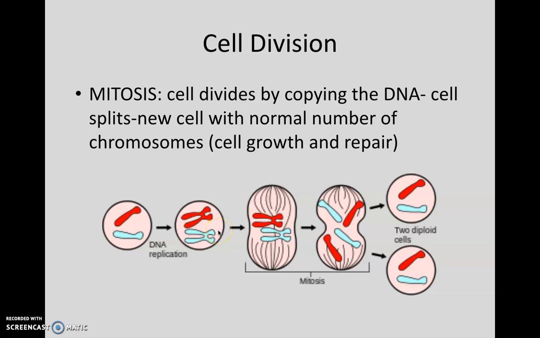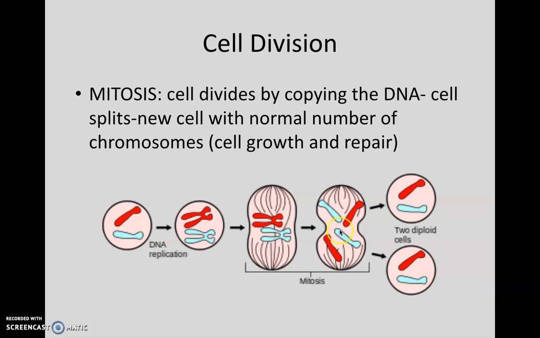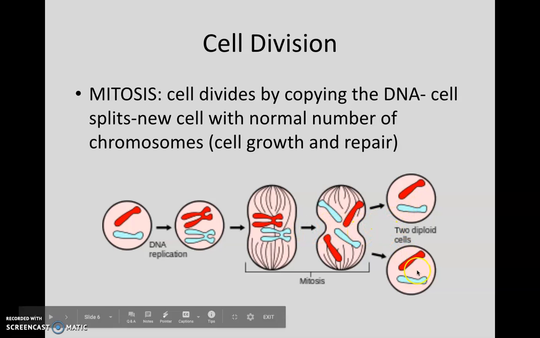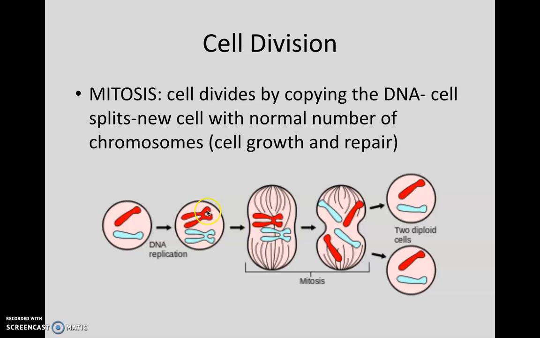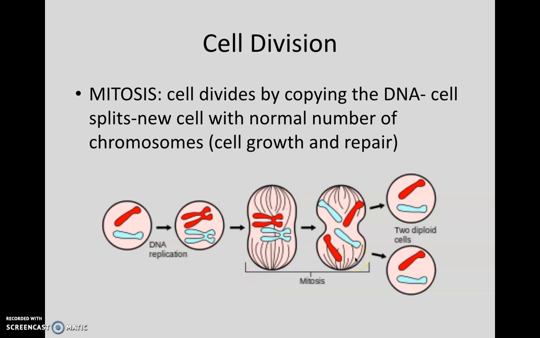Then those two chromosomes split again, and the whole cell splits off and gives us two diploid cells, which then go back to repeat that entire process. So mitosis is the cell dividing and copying the DNA with a normal number of chromosomes. This is our cell growth and our cell repair.